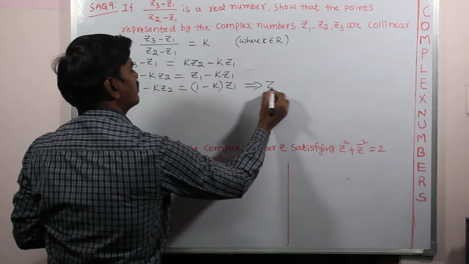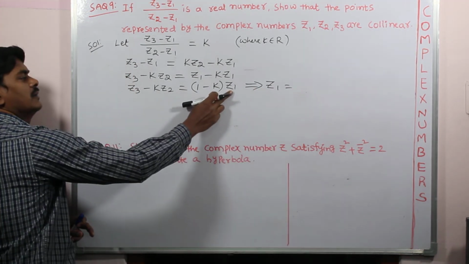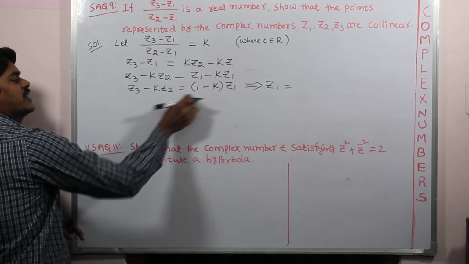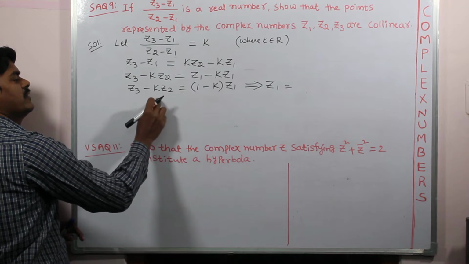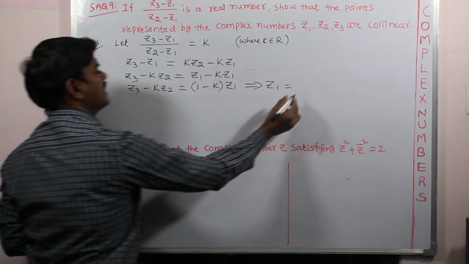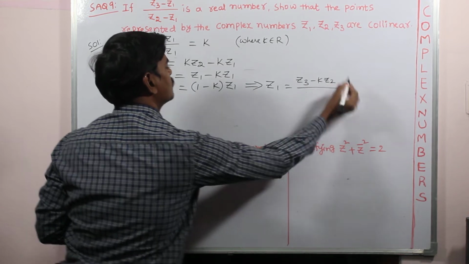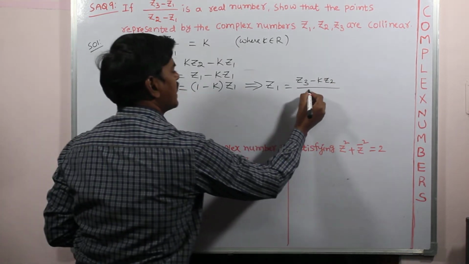So Z1 equals Z3 minus k Z2 divided by 1 minus k.